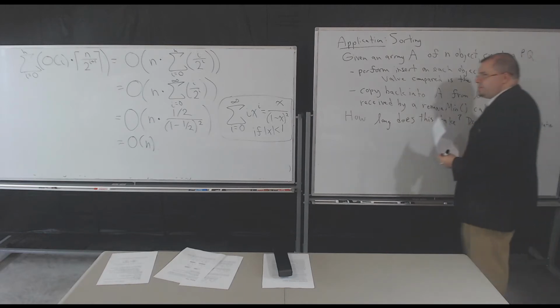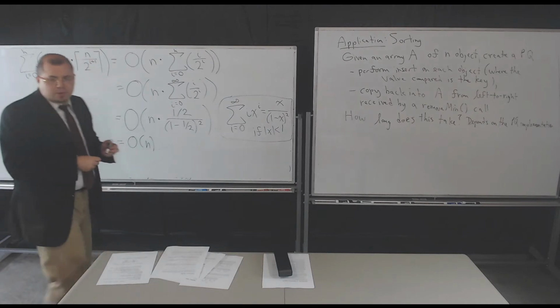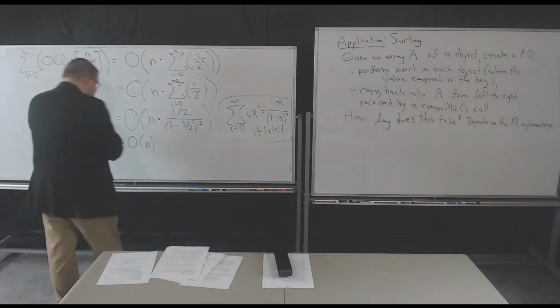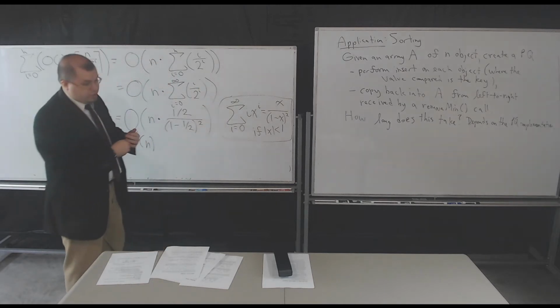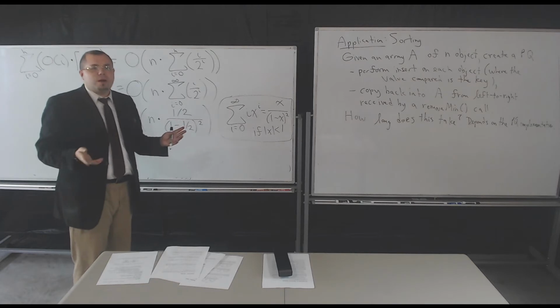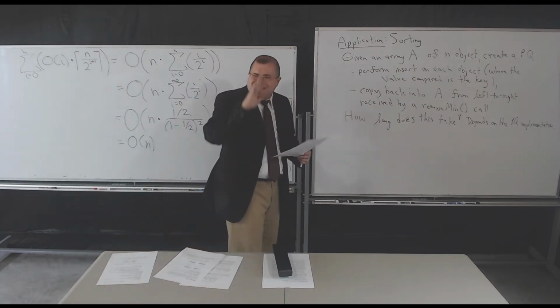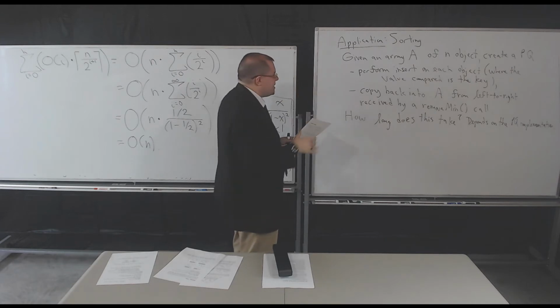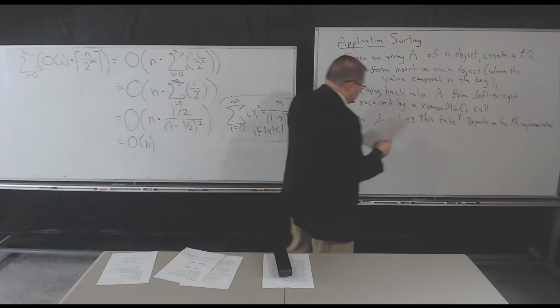It has to depend on that. So I want you to think about this. We talked about a variety of different ways of implementing a priority queue. We talked about a doubly linked list, with an unsorted version and a sorted version. Now, here's the strange part about this. You've probably learned about various sorting algorithms. I'm going to throw out some interesting things that are going to blow your mind, hopefully, depending on how you implement the priority queue.